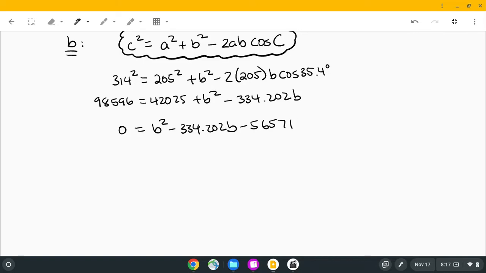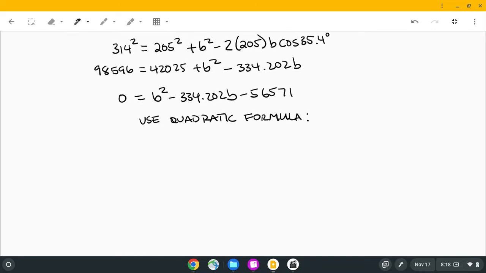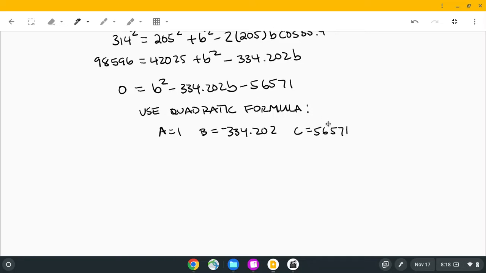Okay, so again, quadratic, so not factorable. So we're going to use the quadratic formula to solve for b. And a is 1, b is negative 334.202, c equals negative 56,571. Okay, let's go ahead and punch that in.